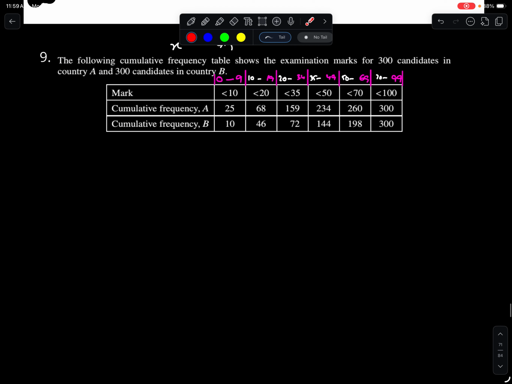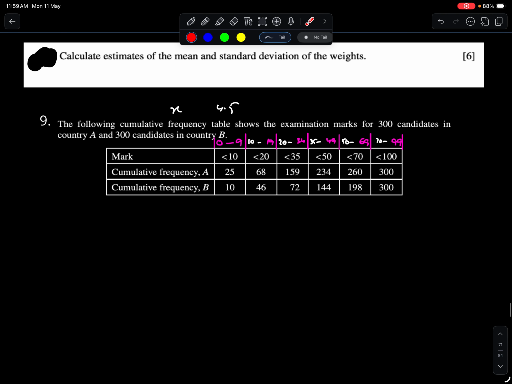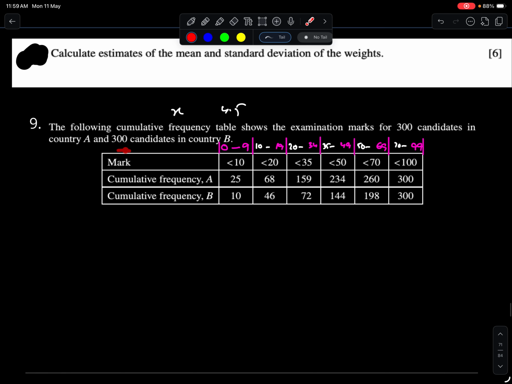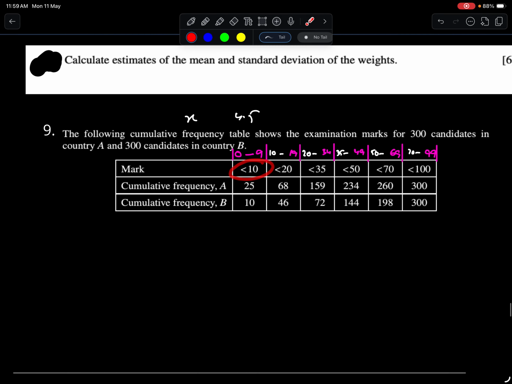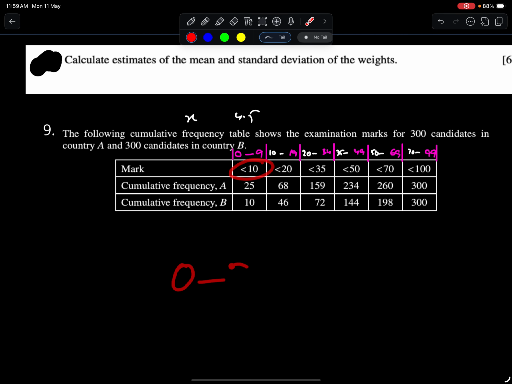Now let me show you another question in which the values are exclusive. See, again we have discrete data. Marks are discrete, they are countable. So exclusive, so write 0 to 9, then 10 to 19, and so on.